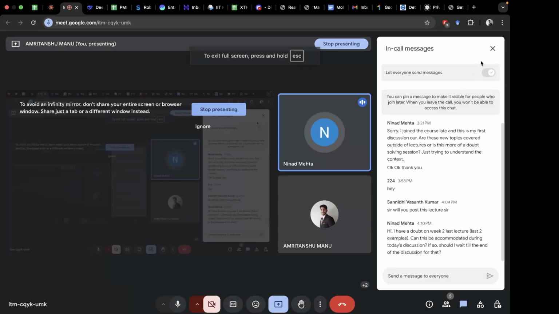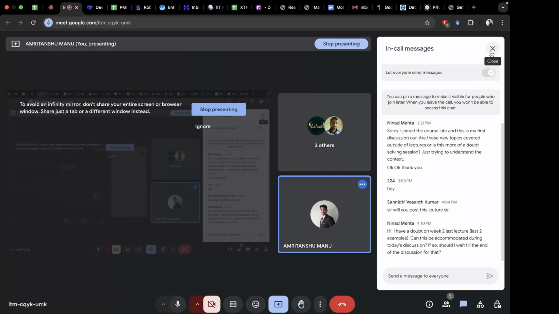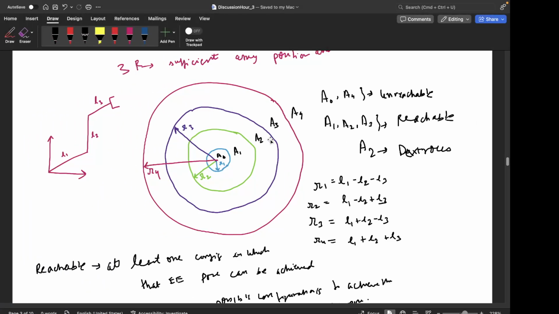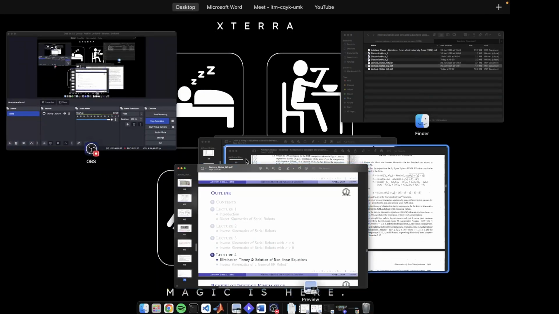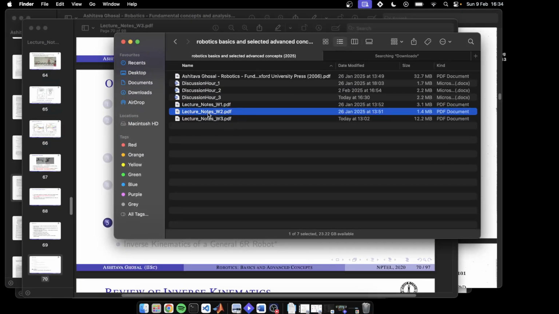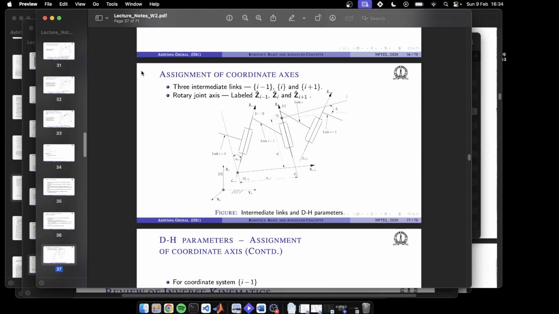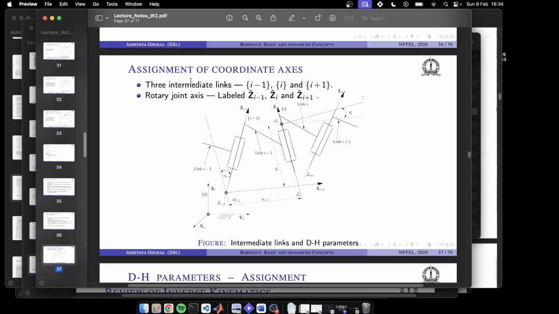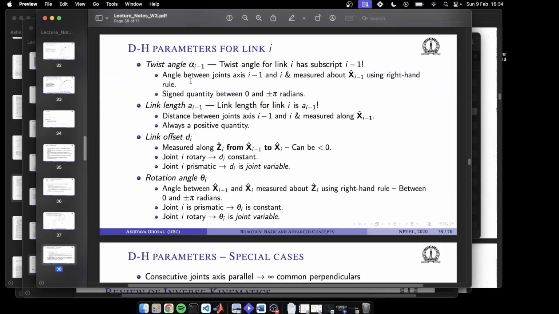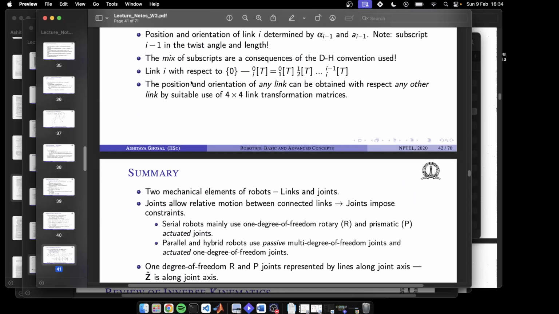It's with respect to the 3DOF parallel manipulator. Are you referring to the lecture slides? Yes. Okay, so let me pull up the lecture slides, and maybe you can point me to the page number which I should go to. This is the week 2 lecture slides. Can you point me to the page number? It's page number 20. Can you repeat? I could not hear that.